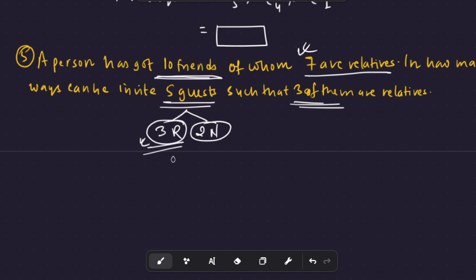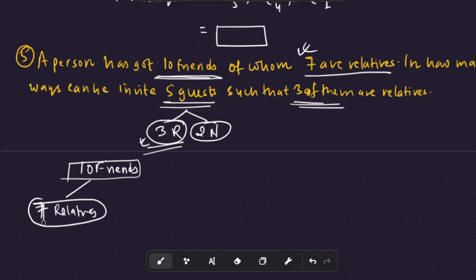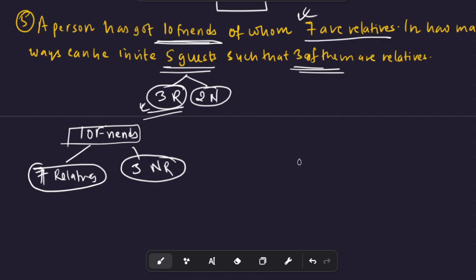And 2 non-relatives can be selected from the 10 friends, of whom 7 are relatives and 3 are non-relatives.